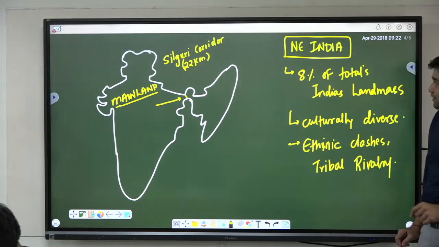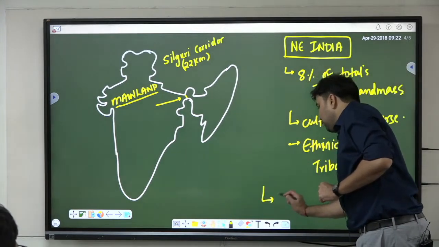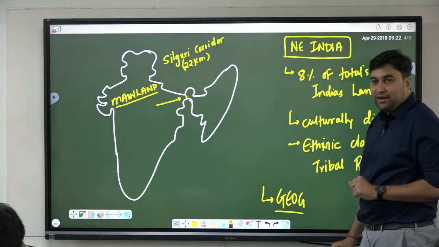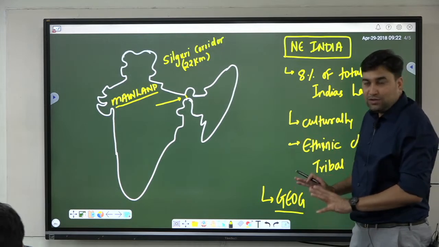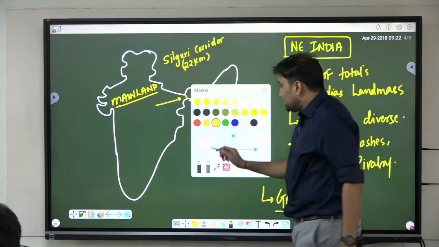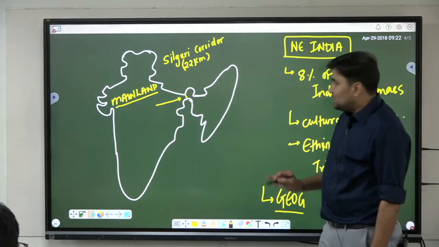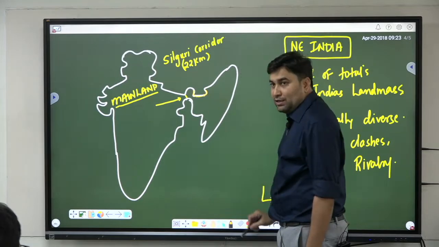And if you try to understand Northeast India, if you try to understand its geography, right? Everything you are going to need for writing the mains answer, that is why I am teaching it. Now, Northeast India is connected by the mainland part. Similarly, Northeast India has a boundary with Bhutan, right?